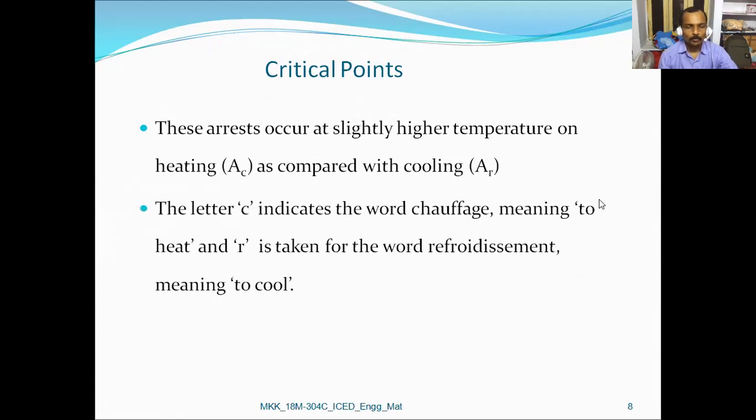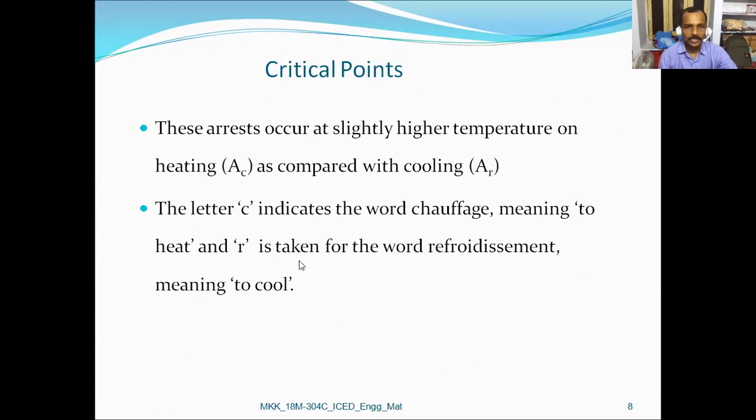What is the purpose of taking C as subscript and R as subscript? The letter C indicates the word chauffage, which means to heat or heating.